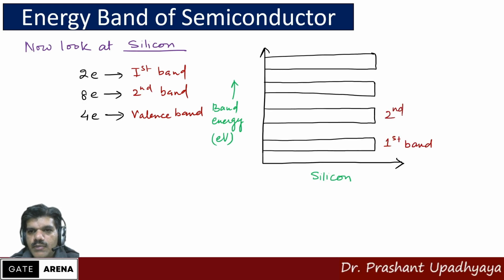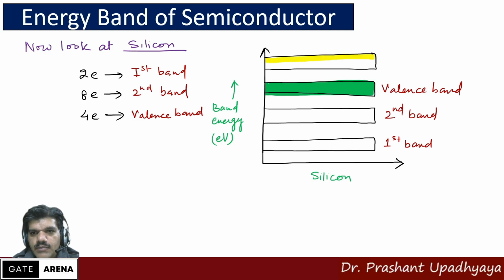Let me write it: first band, second band, valence band, and the last one is the conduction band. I'm using green color for the valence band. So this is my valence band, and the last one is my conduction band, which I'm drawing with yellow color.